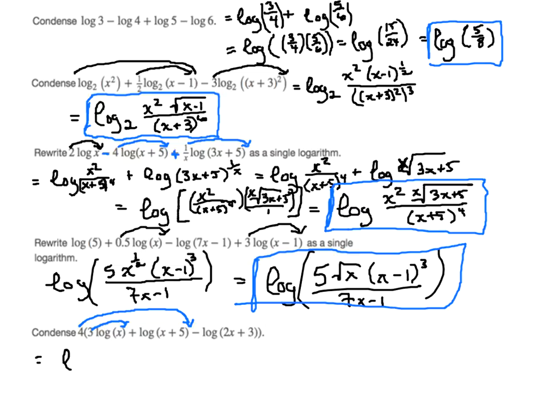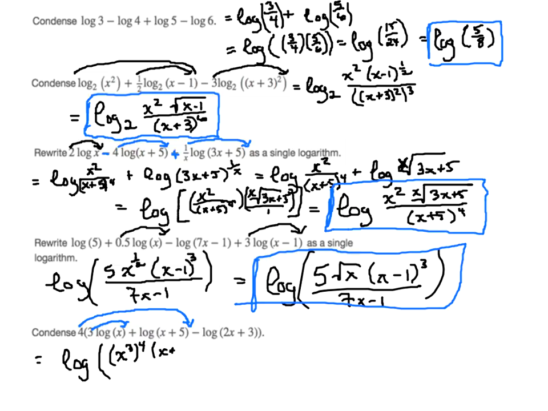So I have the log of my numerator. I have x with that cube back on it, but then that 4 goes back on it as well.